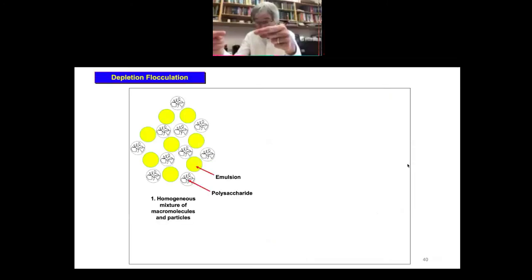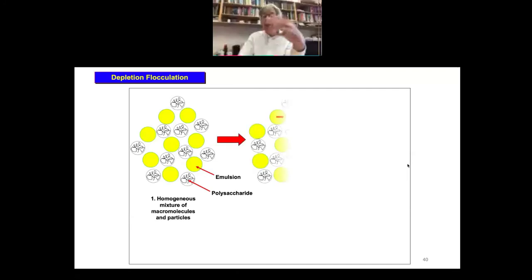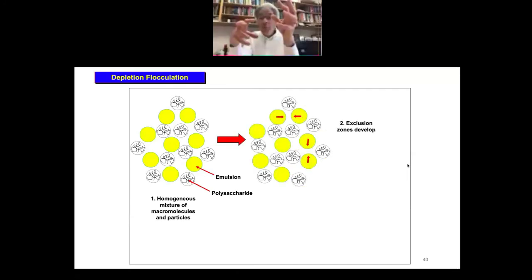Depletion flocculation is another mechanism. It's kind of a complicated mechanism, but it happens when we get large colloidal particles like polysaccharides in an emulsion. So here you can see emulsion droplets and fairly large polysaccharide molecules together in water. And what happens is that the water moves as a result of chemical potential.